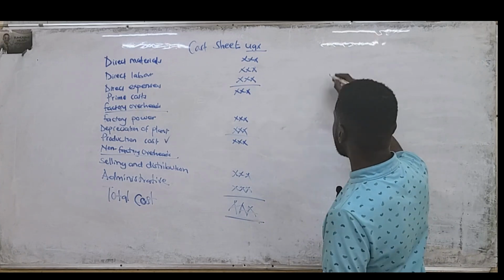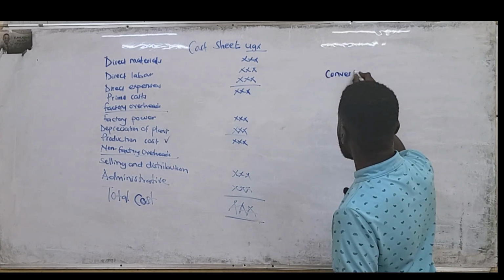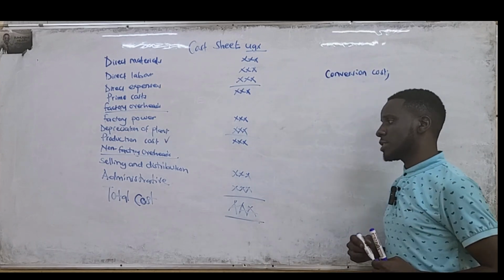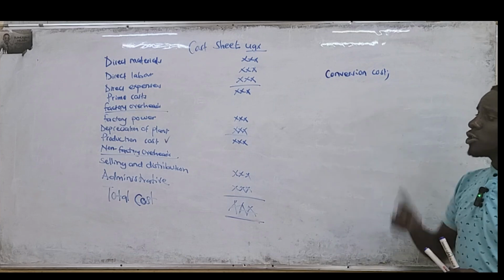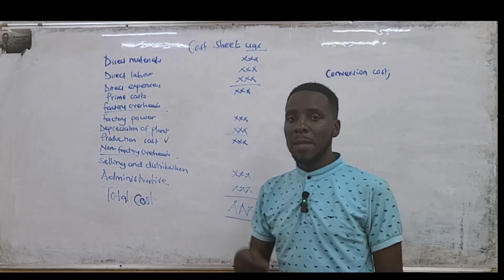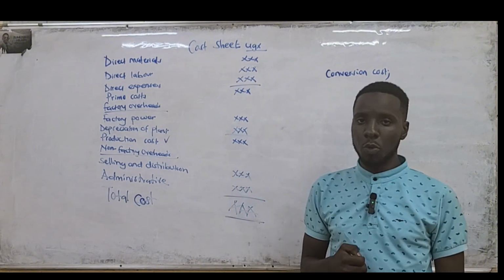Now, before I conclude, there's something we call conversion cost. What is conversion cost now? Conversion cost is the cost incurred in transforming the raw materials into a finished good or product.